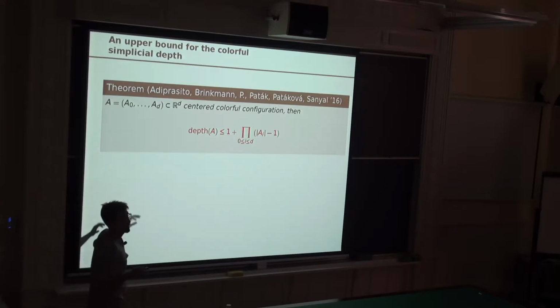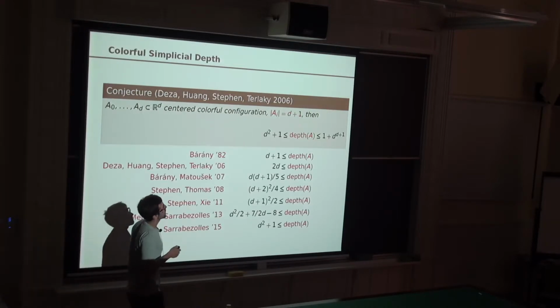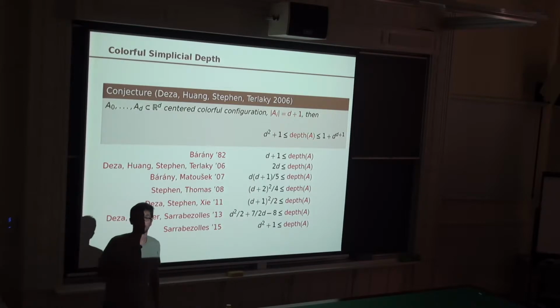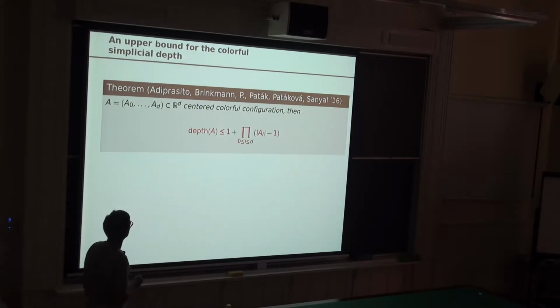And so the main result could be seen as proving this theorem in a generalized way, in the sense that I won't assume anything about the sizes of the colors. So their question was for size d plus 1, but actually the proof works for any size.